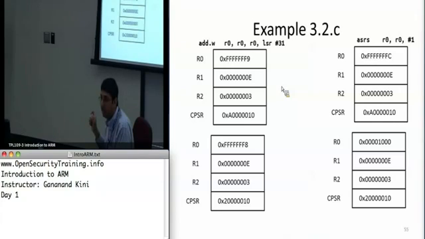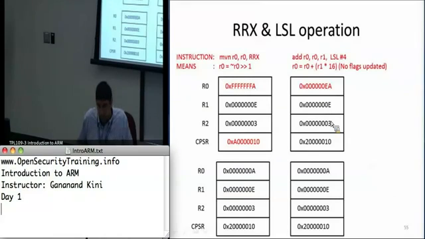So this is for rotate right with extend and the logical shift left. Down below, I'm following the same convention here, which is below is before the operation and above is after the operation. The red values indicate the values that have changed. When you do a rotate right with extend, you can see there's no immediate value being specified, so the default here is 1.